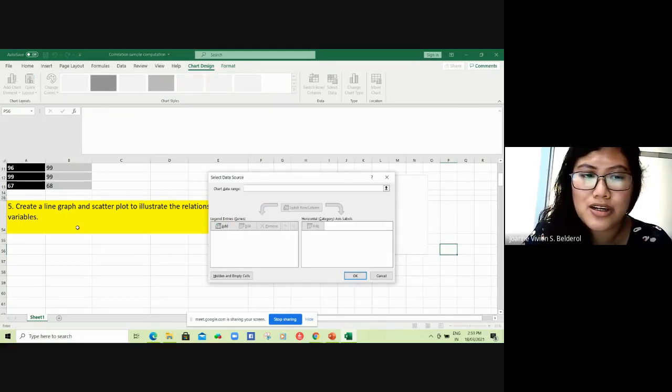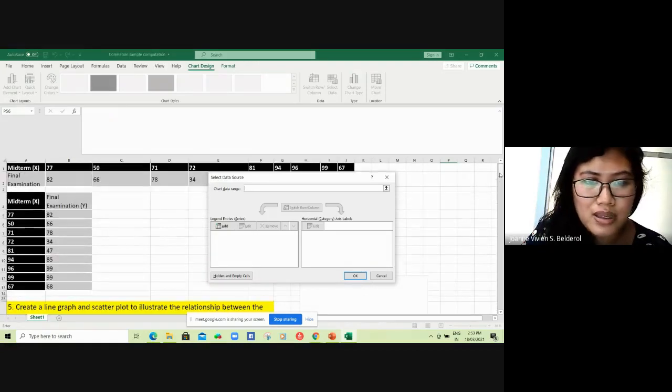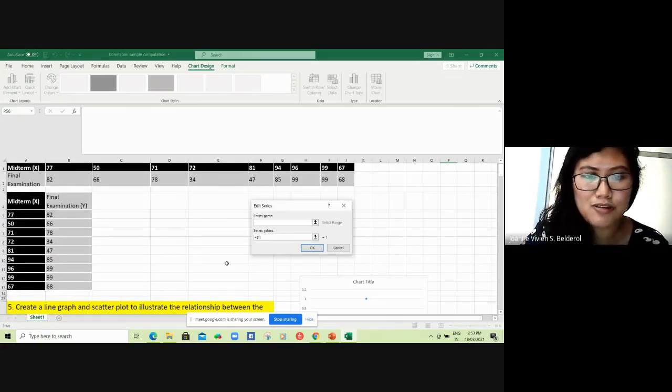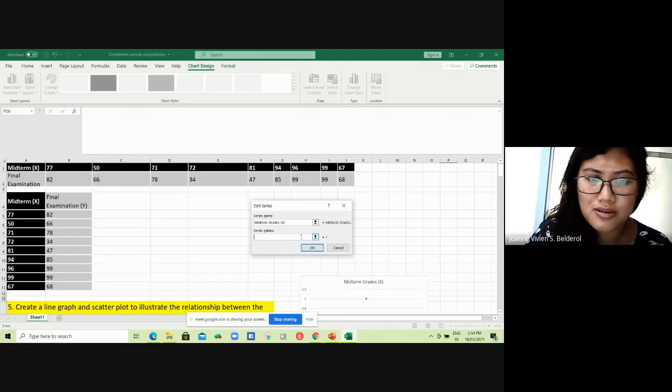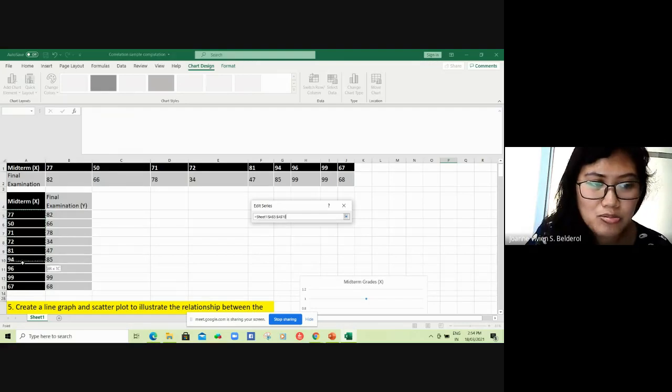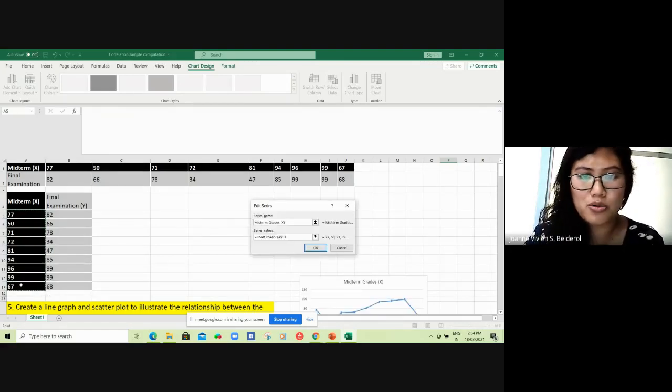So, here, we will select our data. Under add, first we will write for series name, X. That's midterm grades, X. And then series values, you highlight this one. Only the numbers, do not include the labels anymore.